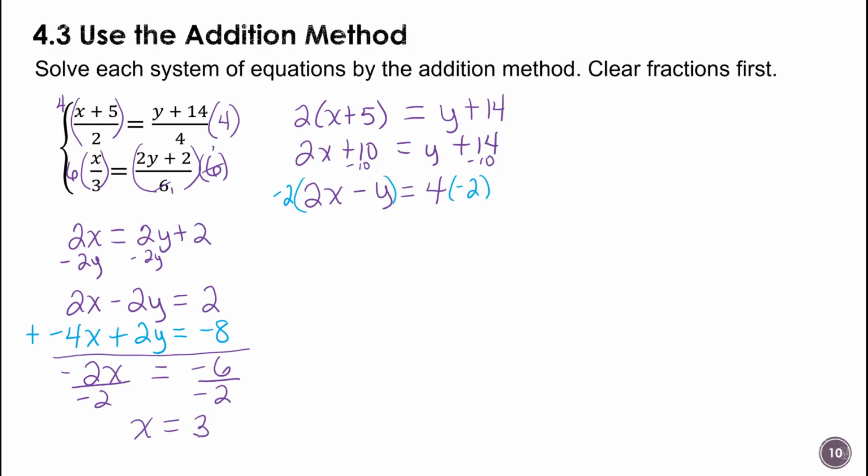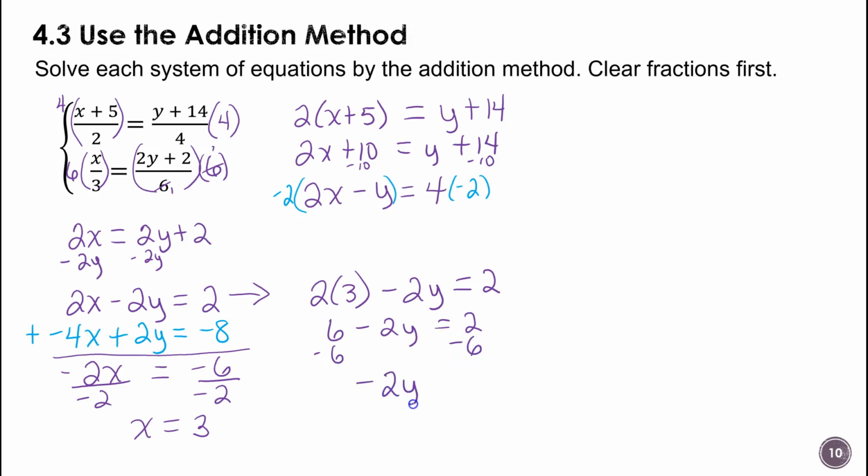All right. So I'm going to go back to my equation, this one, right? And I'm going to substitute in a 3. So 2 times 3 minus 2y equals 2. Subtract 6 on both sides. Negative 2y equals negative 4.